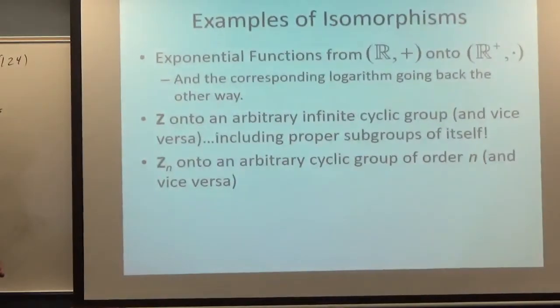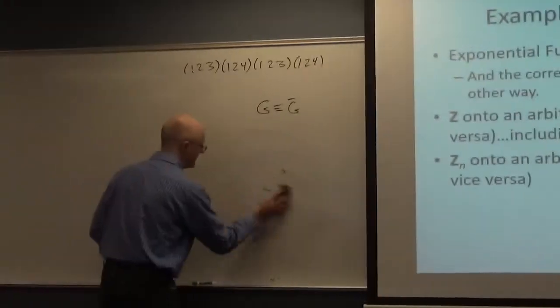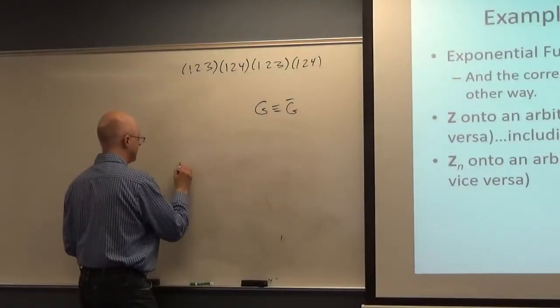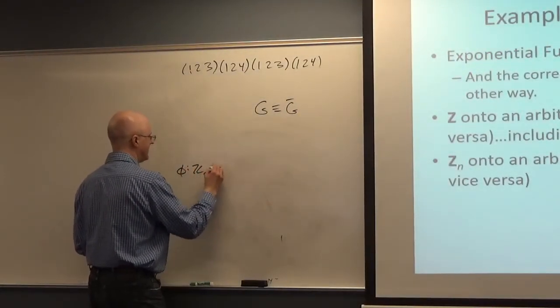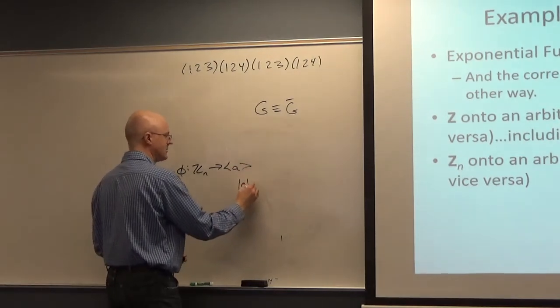Zn turns out to be isomorphic to an arbitrary cyclic group of order n, like that, where A has order n.